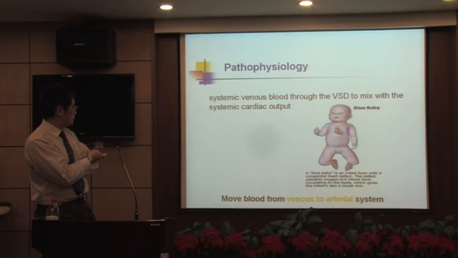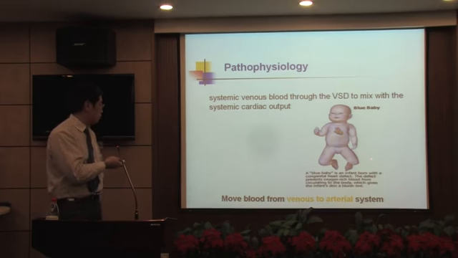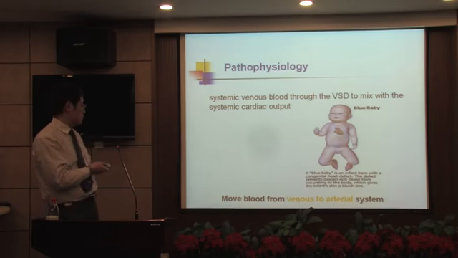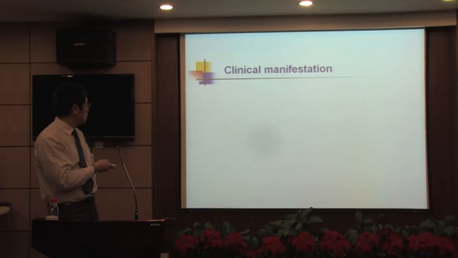And we can see the blue baby here. A blue baby is an infant born with a congenital heart defect. The defect prevents oxygen-rich blood from circulating to the body, which gives the infant's skin a bluish tint.